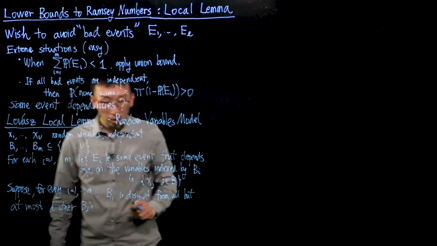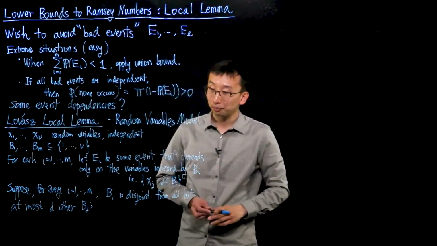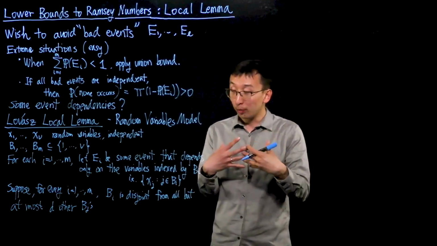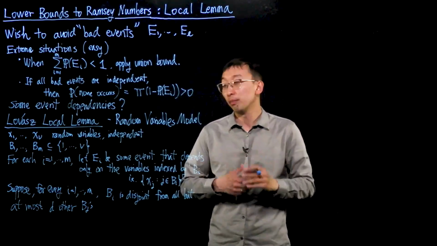So d here is some other parameter in the theorem. So each Bi has overlapping variables with a small number of other Bj's.